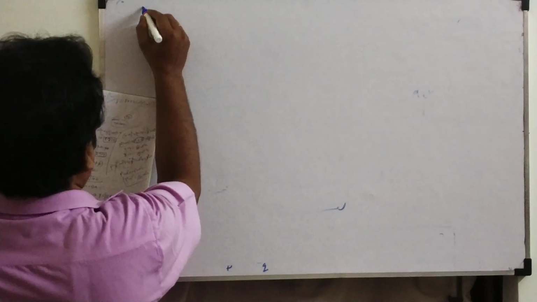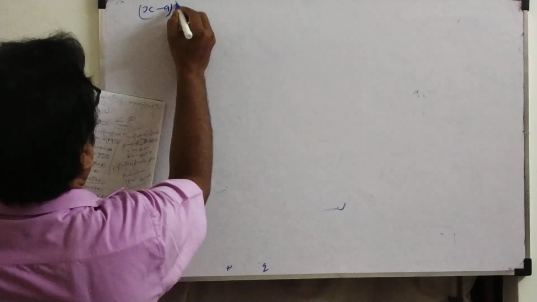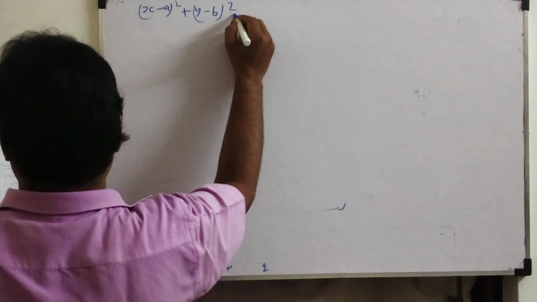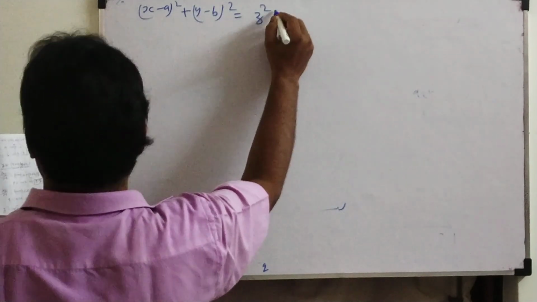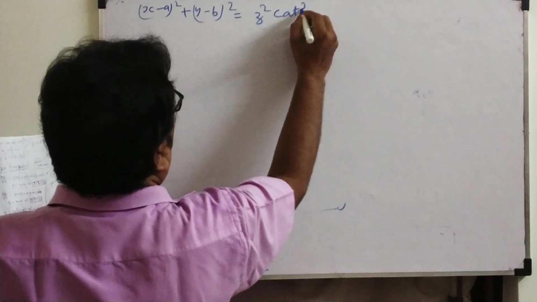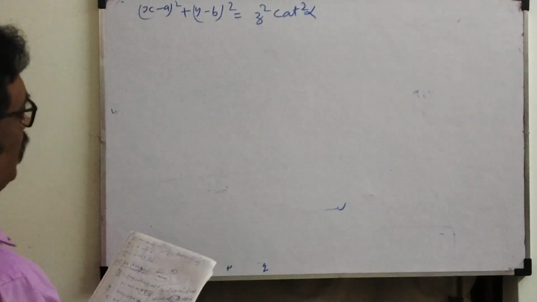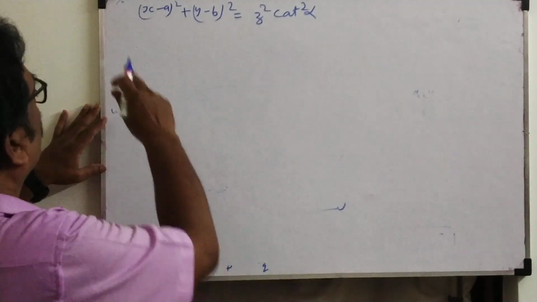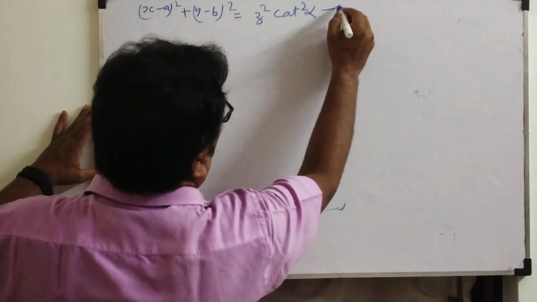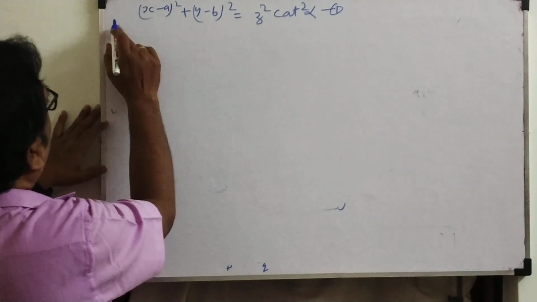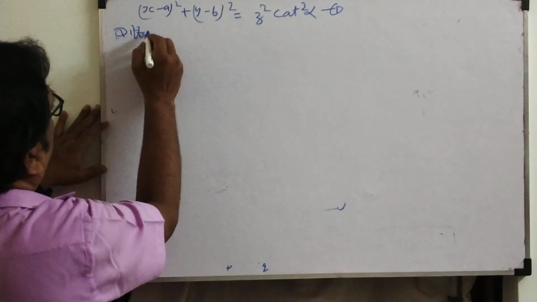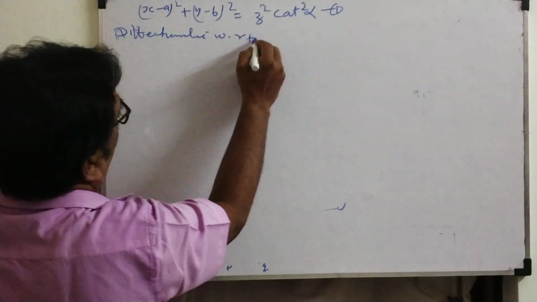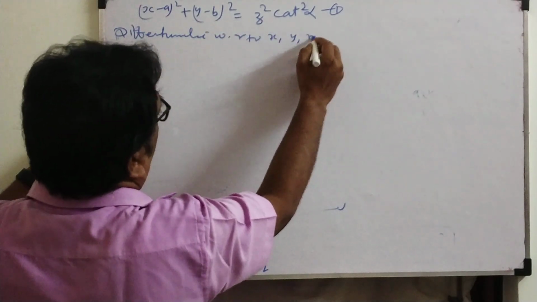So the question is: x minus a whole square plus y minus b whole square is equal to z square cot square alpha. Looks how complicated, but see how we'll solve. Give this equation number 1. So differentiate with respect to x and y respectively.